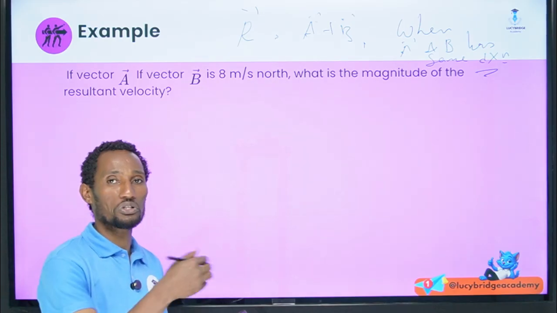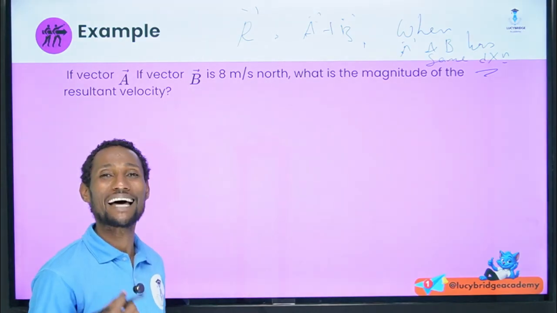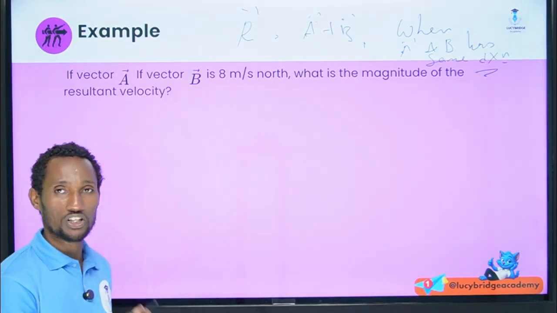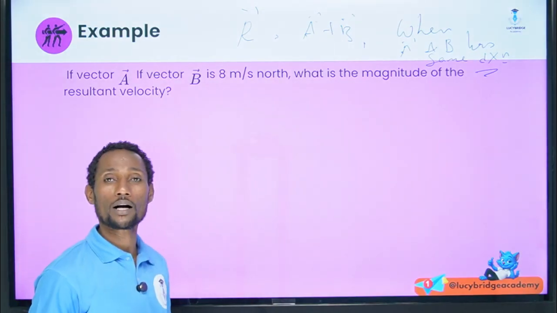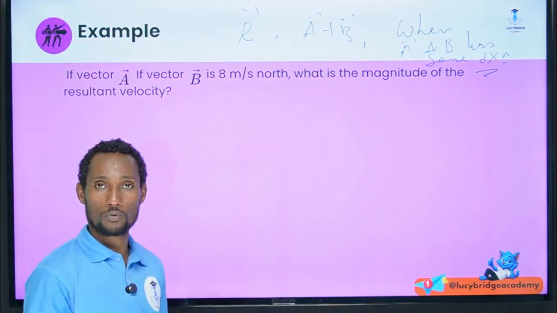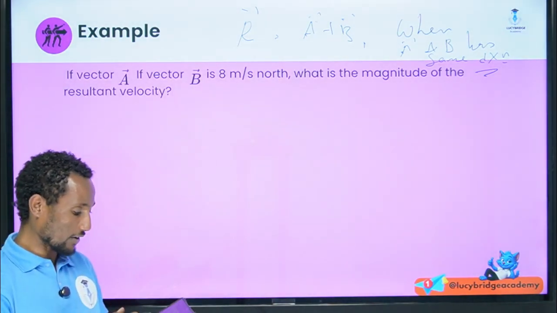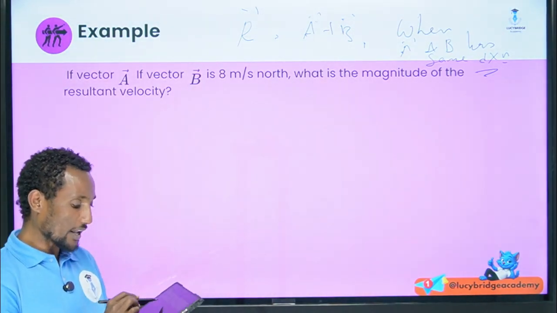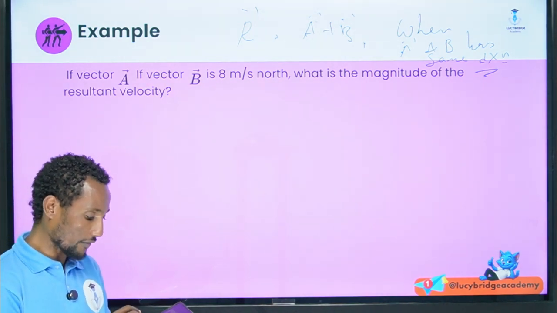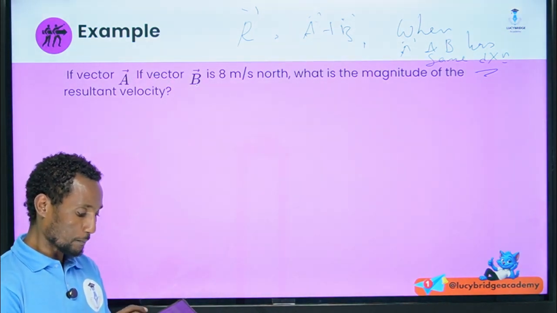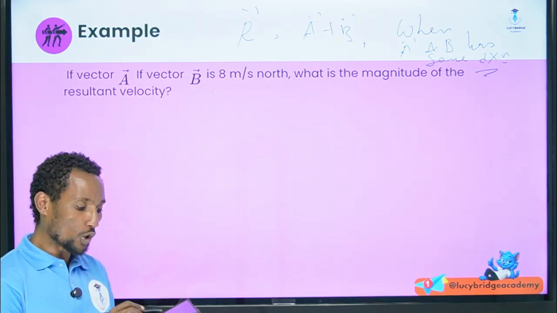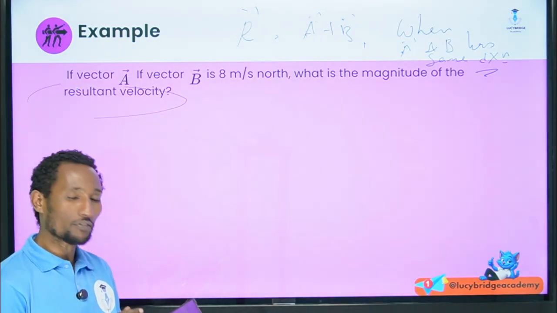Here the abbreviation is short for direction, so don't be confused. If vector A and vector B are 8 meters per second north, what is the magnitude of the resultant velocity?